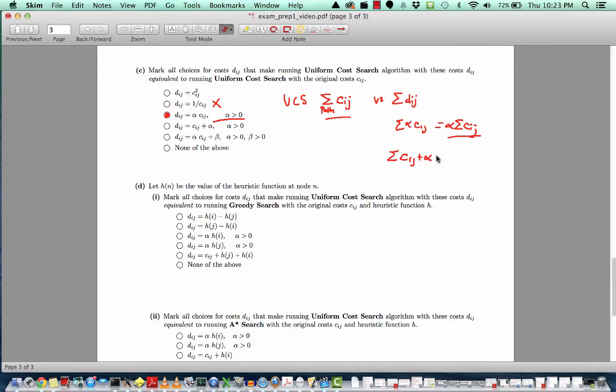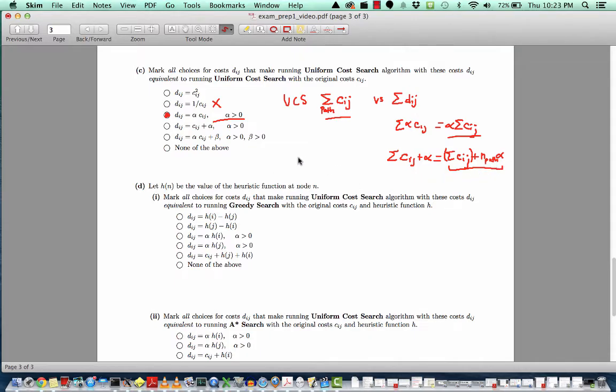And this is going to be equal to the sum of Cij, and then once you take alpha out of the sum, so put this in parentheses, it's going to be plus n corresponding to the path, so the number of nodes in that path, times alpha. And so therefore this value in your fringe is going to depend on the number of nodes in the path.